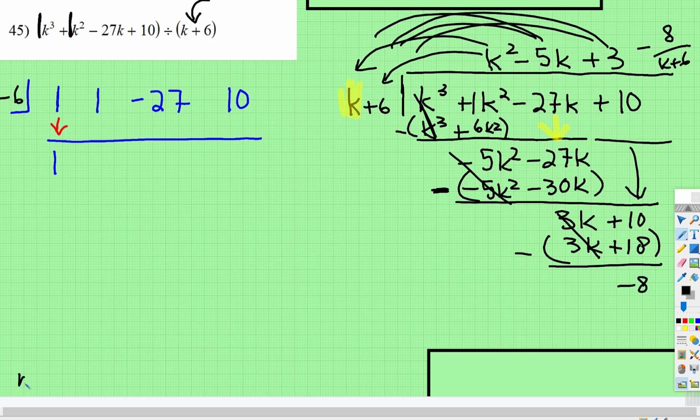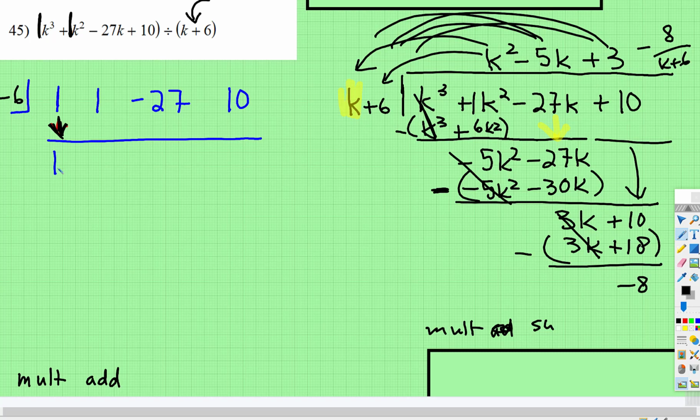And in synthetic division, you do repeated multiplication and addition, whereas in long division, you do repeated multiplication and subtraction. And in synthetic division, you always bring down that first term.